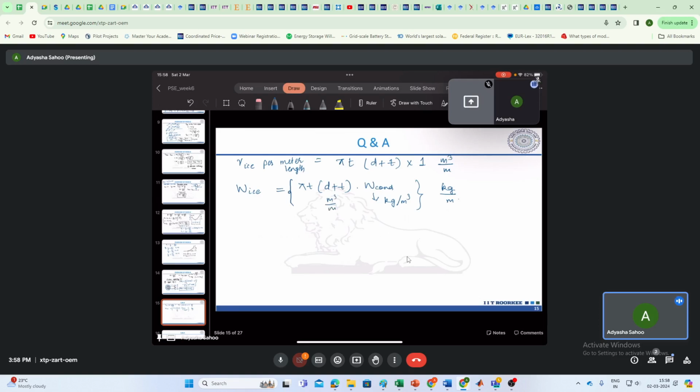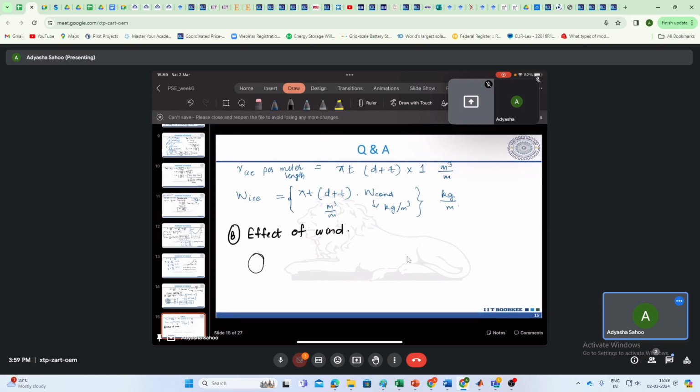So similarly, for effect of wind, so earlier, just a second.